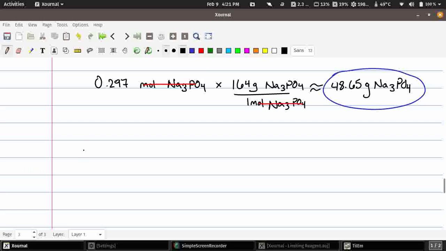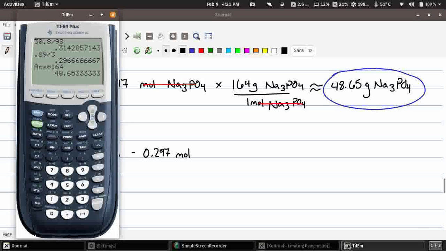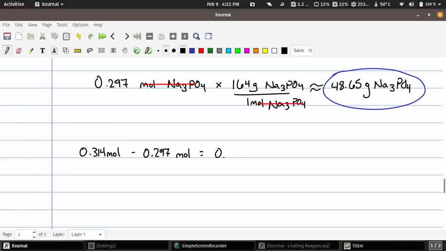So let's do this. We have 0.314 mole minus 0.297 mole. Again, this is rounded, but if you want, you can do it this way in your calculator. We're going to end up with 0.0176 mole Na3PO4.